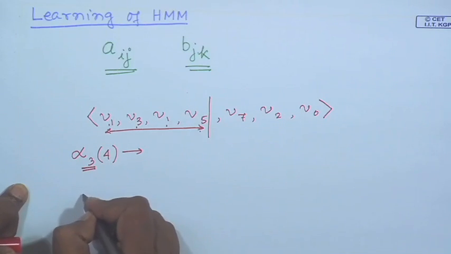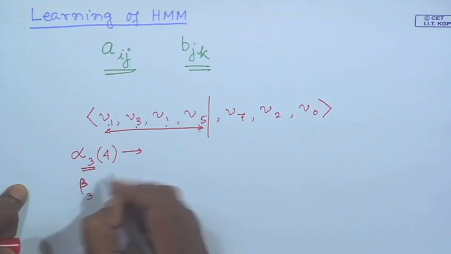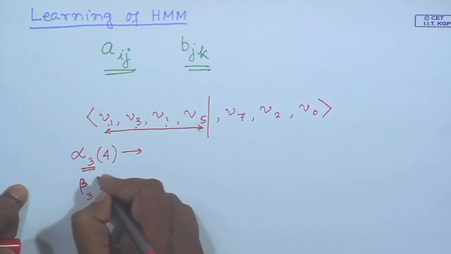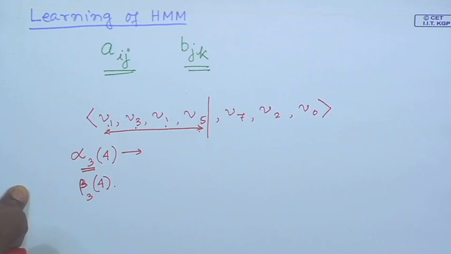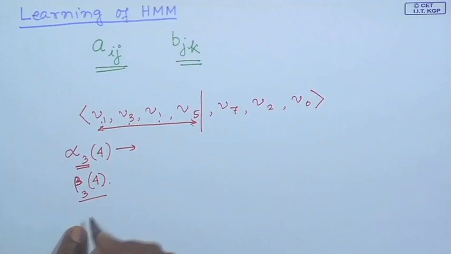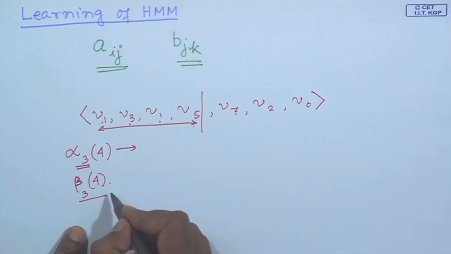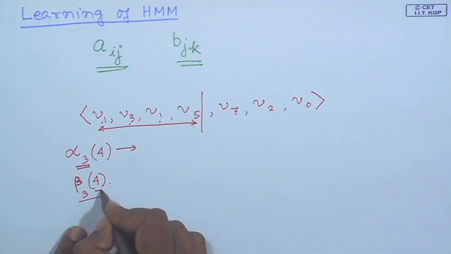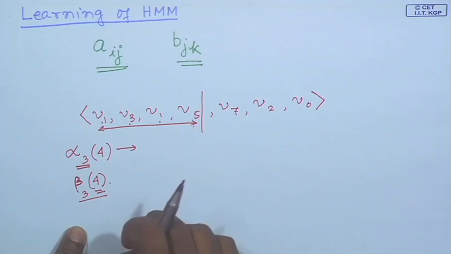Whereas, if I write say beta 3, 4, what it will say is what is the probability that the machine will be in state omega 3 and it will generate the remaining 4 symbols of the given sequence.